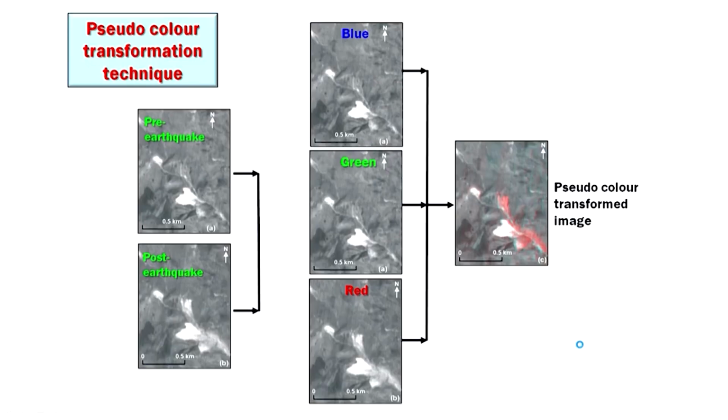The same thing, it is a pre-earthquake image, post-earthquake image. Now, they have been assigned blue, green, red, and 3 components, because this additive color scheme was followed, and a new product has been created which is called pseudo color transform image.